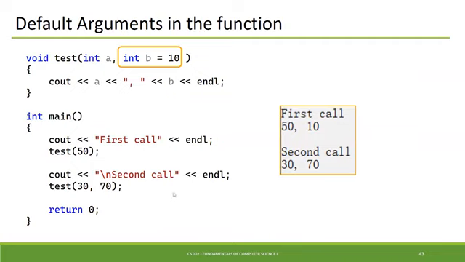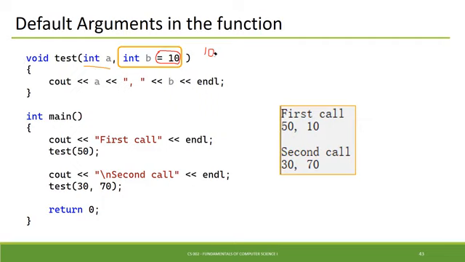Okay, guys, look at this one. See, int A, and there is some strange thing here. I have int B and I provide some initial value. So here, this is a default argument. 10 is the default argument.